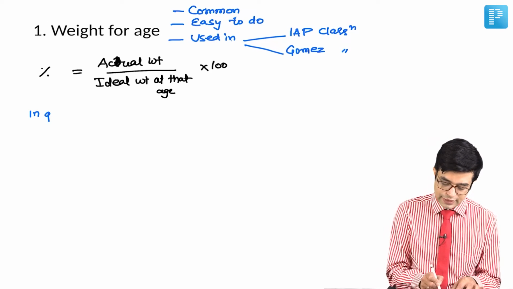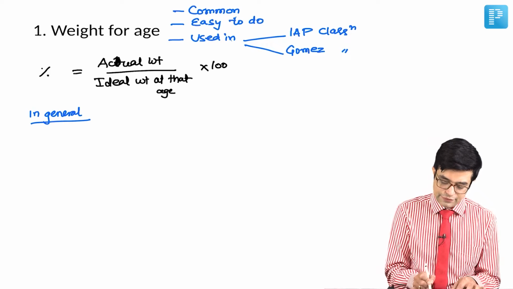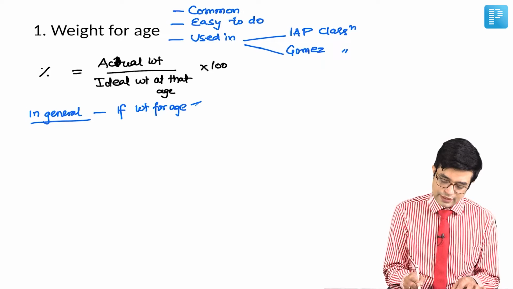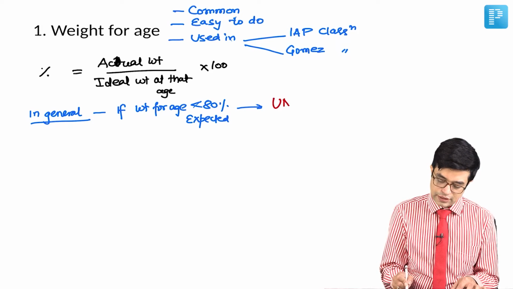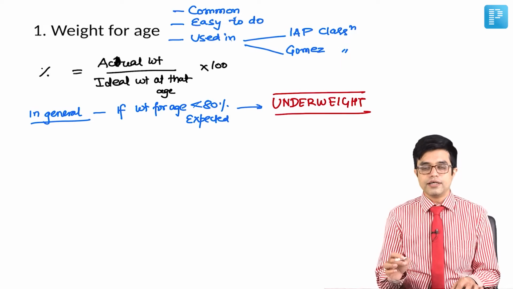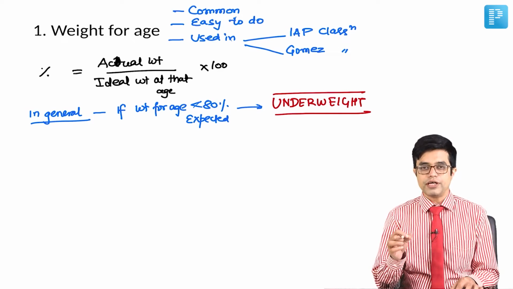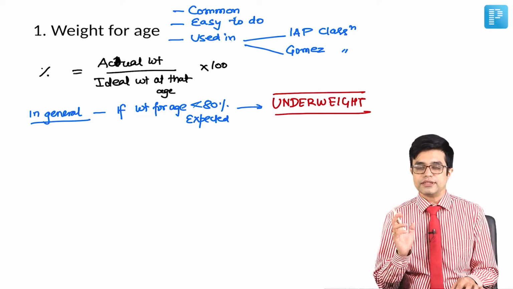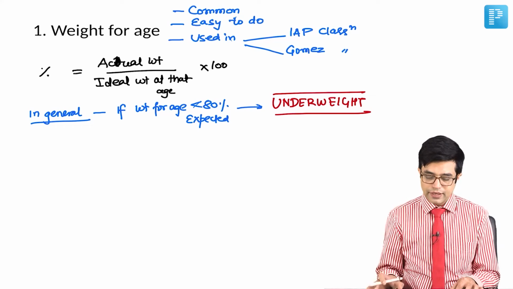In general, it is said that if weight for age is less than 80% of expected, we use the term underweight. So first MCQ point can be asked to you in super specialty. What is the definition of underweight child? Underweight child is a child whose weight for age is less than 80% of expected. This is the first thing that you need to know.